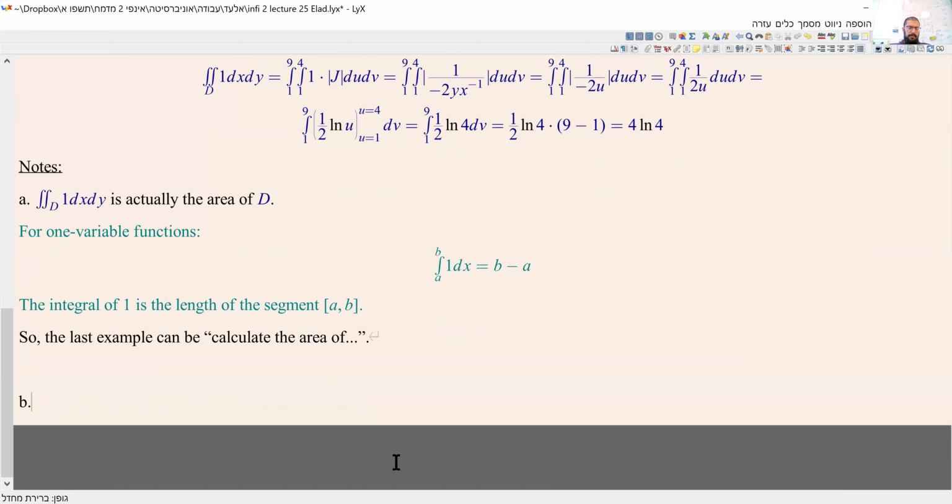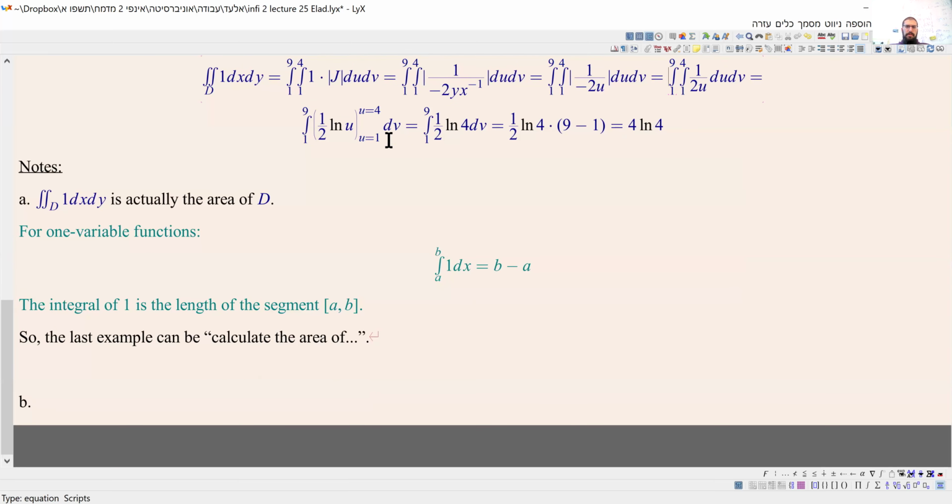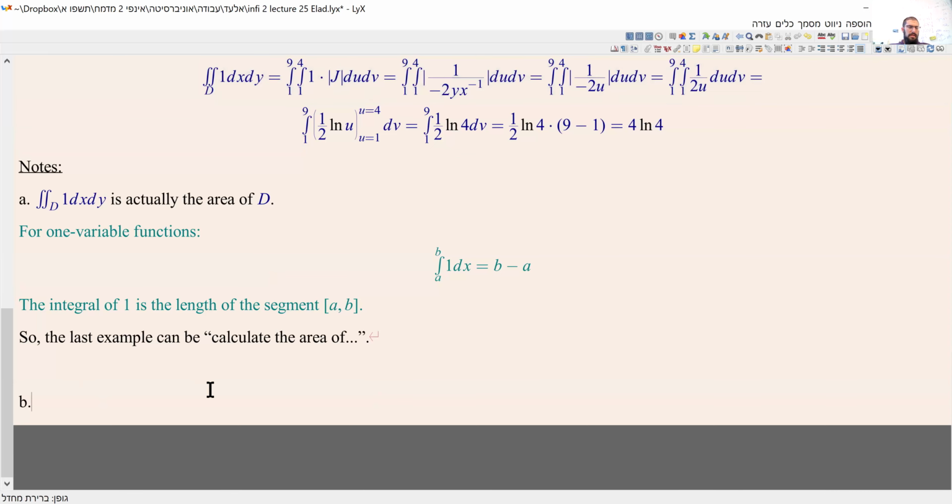Secondly, something else. It happened here, but it happens a lot, so I want to write down explicitly. Maybe you've already seen it in probability.